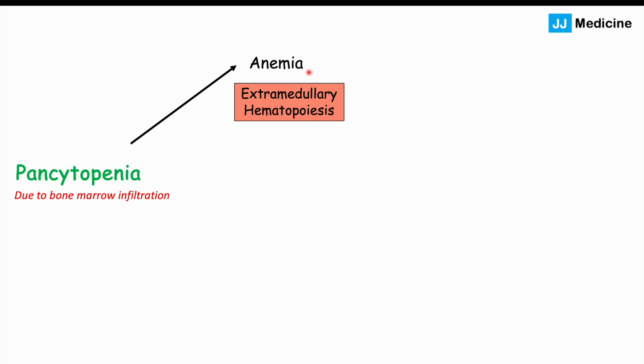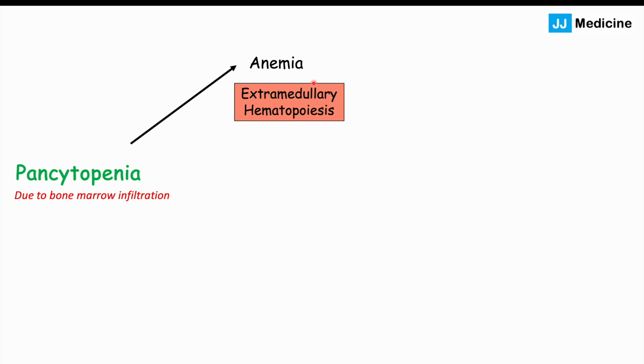What will then happen in these patients, because they're anemic, is that they can have extramedullary hematopoiesis. Extramedullary means that it occurs outside of the bone marrow. So it's red blood cell formation outside of the bone marrow. It can happen in the liver and the spleen. We can see hepatosplenomegaly in these patients, or an enlarged liver and spleen.